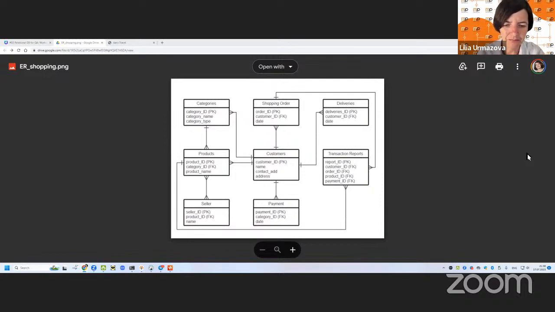Let's check. It's not connected with the payment table at all. Yes, that's what Nastasia said. We don't have all the connections here. We have only two, and the others are skipped.